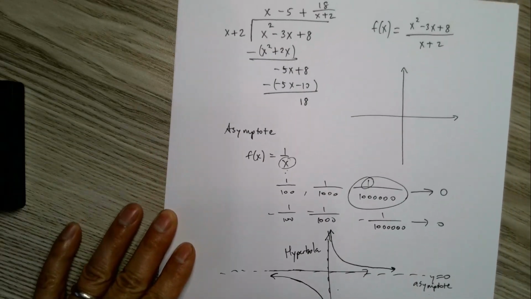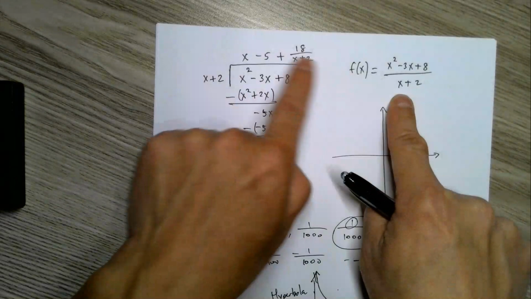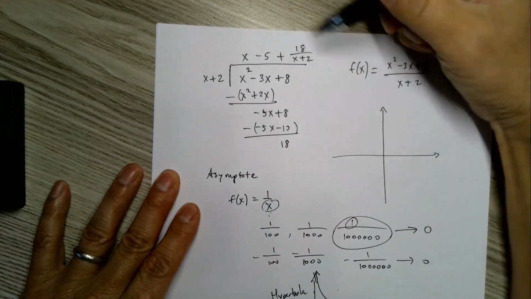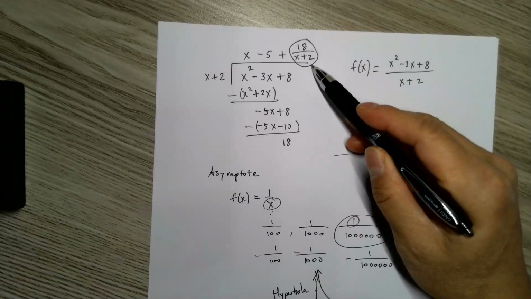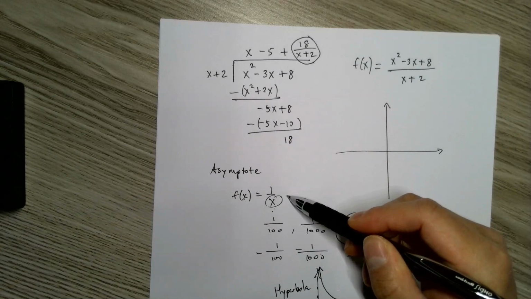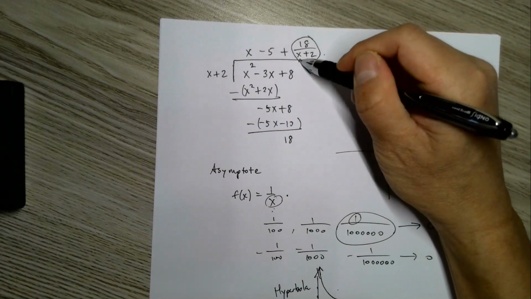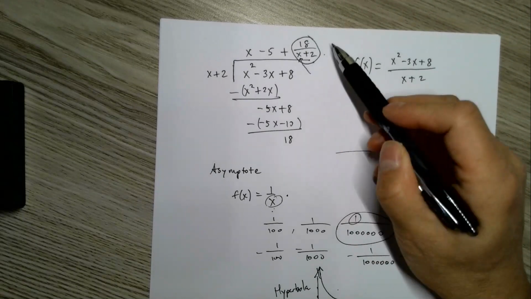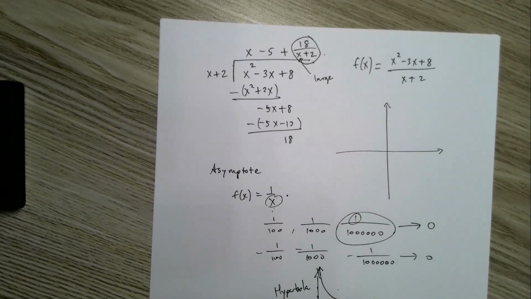Okay, so now back to the function in question, which was this, which we found is the same as this. Now I want you to focus on this fraction here. This fraction behaves in the same way that this fraction behaves when x is large. What I mean is, when I put a large number in for x, in the x plus 2 in the denominator of this fraction, 18 over x plus 2, what happens to the denominator?